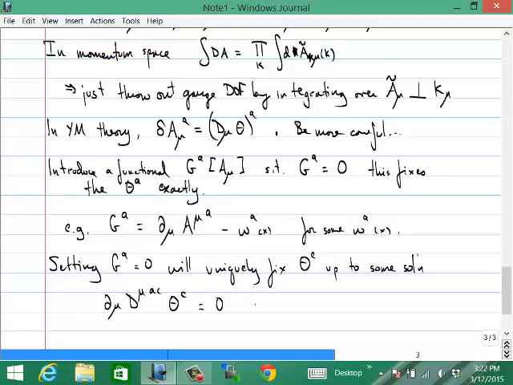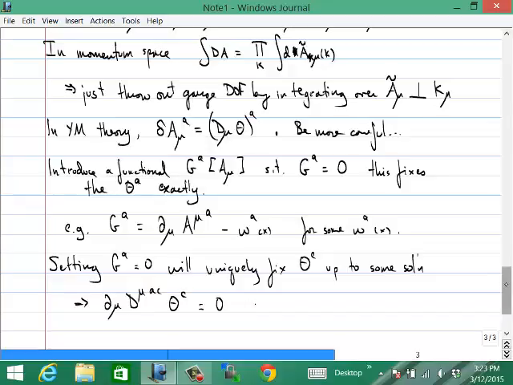Here I'm just using the fact that under a gauge variation, A transforms by the covariant derivative of theta, and so G transforms by the divergence of that covariant derivative that I've written here. So theta will then be fixed uniquely up to some solution of this differential equation.